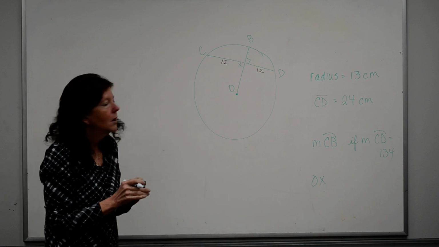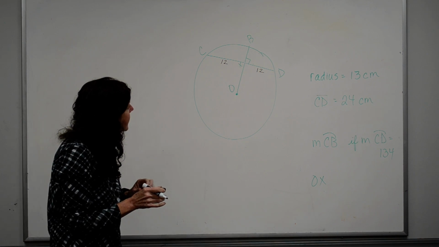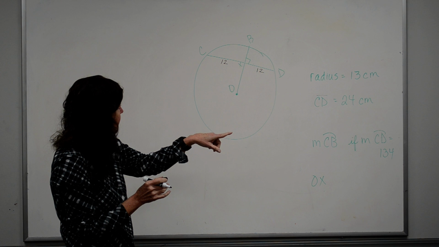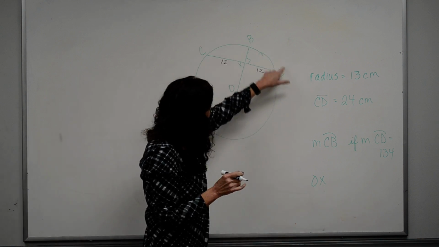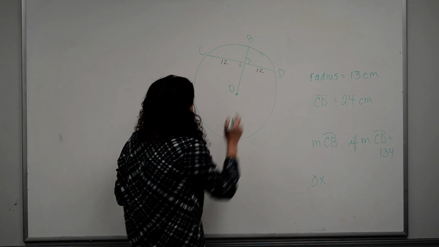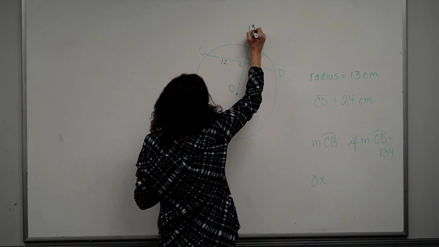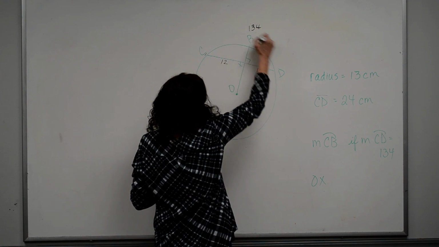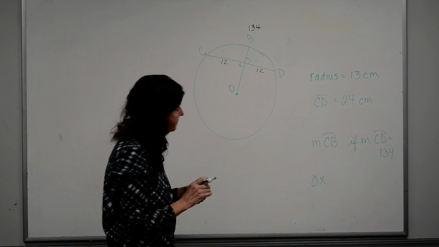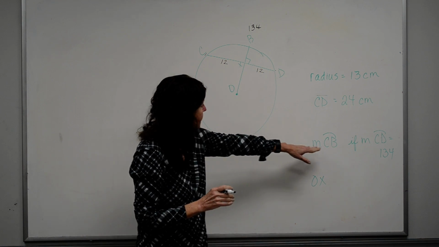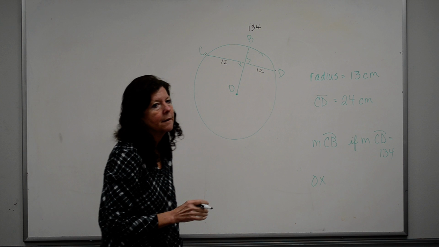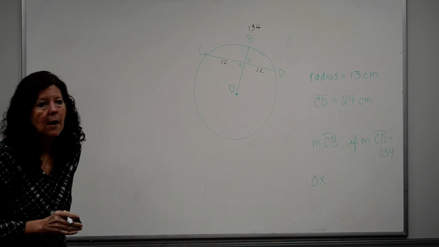You with me? Okay, it also tells me that arc CD, which is this whole section right there, is 134 from here to here, right? The first thing I want to find is CB. So what is CB going to be?